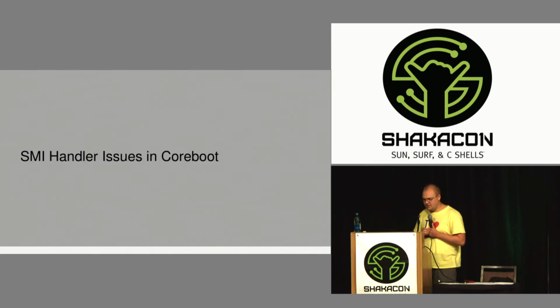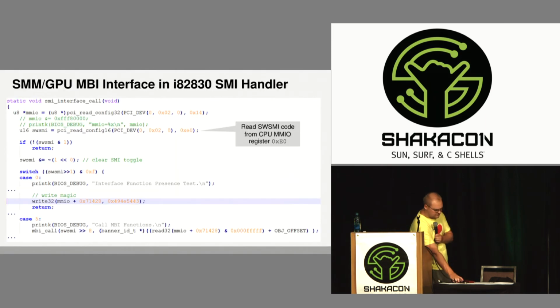Then a little bit more about SMI handlers. That was a complicated vulnerability where you need to play a lot with the complicated structure to pass the pointer, and then you have really limited primitives. But what other vulnerabilities may Coreboot have?